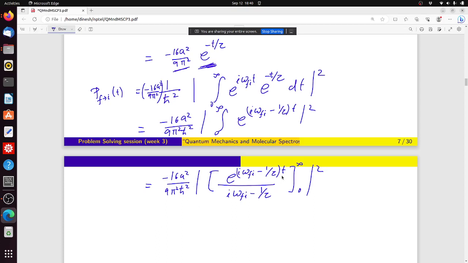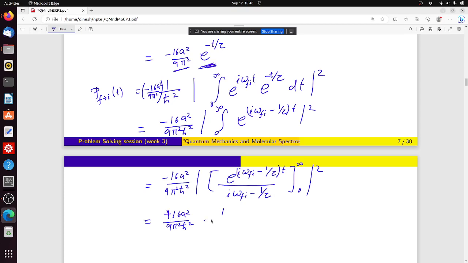Then if you put this limit, if you put t equal to infinity it will go to 0, then minus of 1 over this term you will get, and taking the minus outside, I will get this plus.